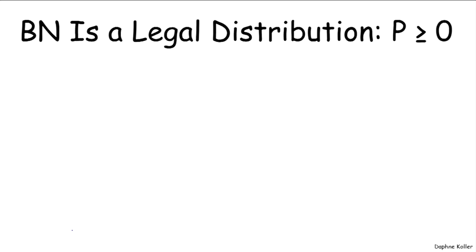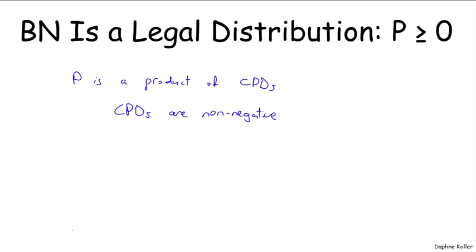And this, as it happens, is quite trivial, because P is a product of CPDs, and CPDs are non-negative. And if you multiply a bunch of non-negative factors, you get a non-negative factor. That's fairly straightforward. Next one's a little bit trickier.